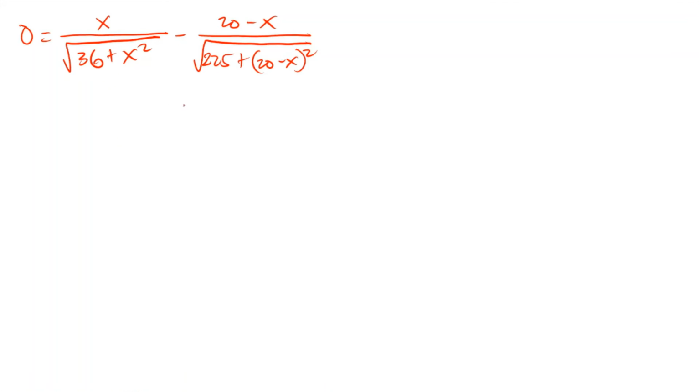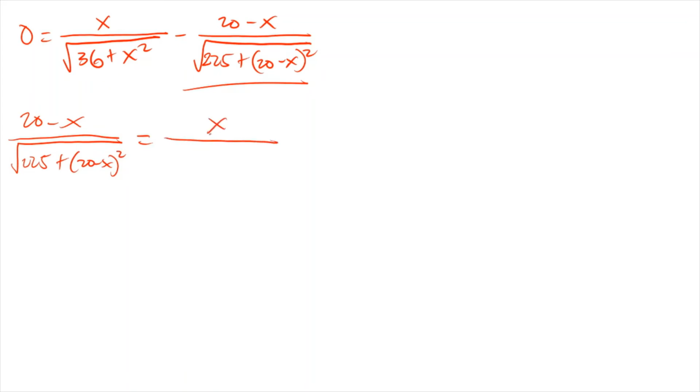Solving for x, we can transpose this term to the other side of the equation so that it becomes positive. Okay, so we have 20 minus x all over the square root of 225 plus 20 minus x squared equals x over the square root of 36 plus x squared.